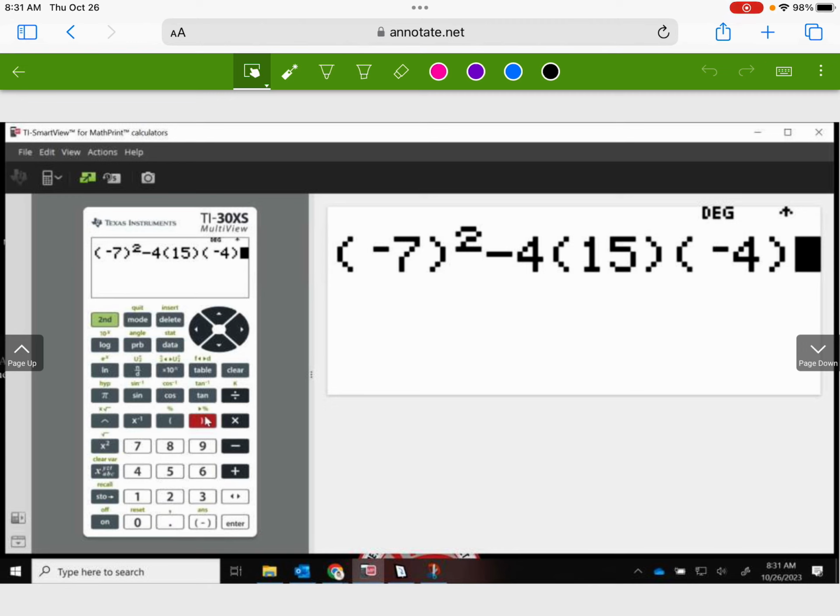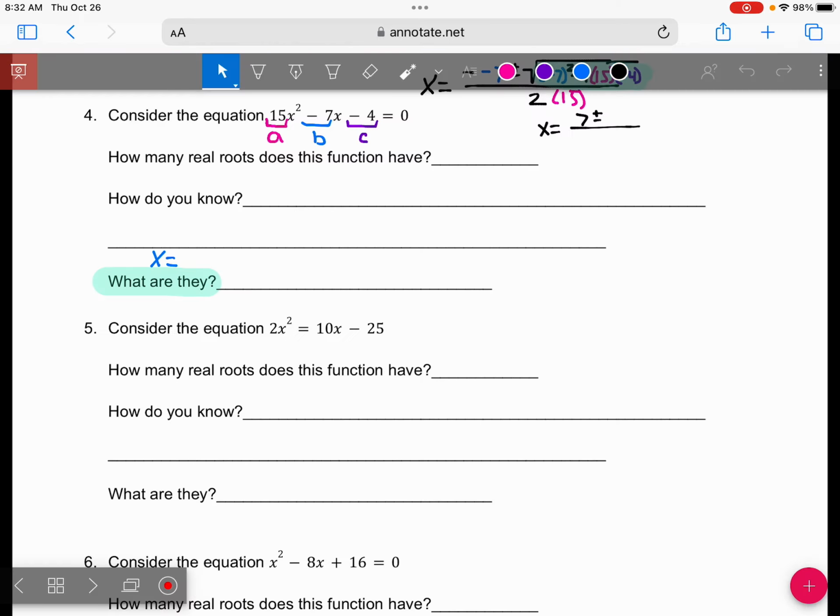If you do not put these parentheses in, you will probably get a different answer than me, especially if you don't put them on the 7 squared. You should get 289. If you don't put the parentheses in, the calculator will do order of operations wrong on the negative 7 squared. It would do 7 squared and then negative. So you've got to have the parentheses. So we should have 289.